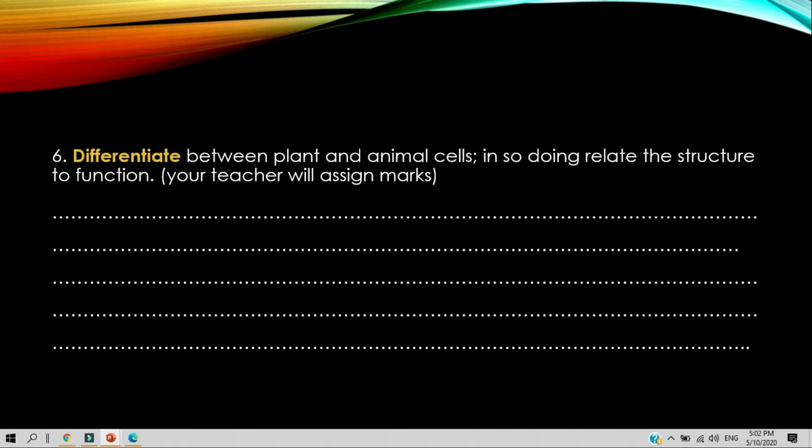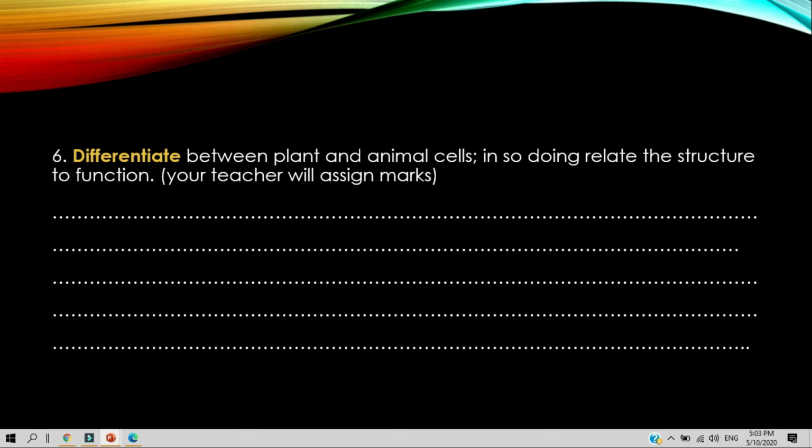How does the structure allow it to be what it is and to carry out whatever role it carries out? If you look at a plant cell, how rigid it is versus an animal cell. And when you get into osmosis, you will have a better appreciation when I speak about cells and how cells are rigid because they have the cell wall versus the cell membrane.